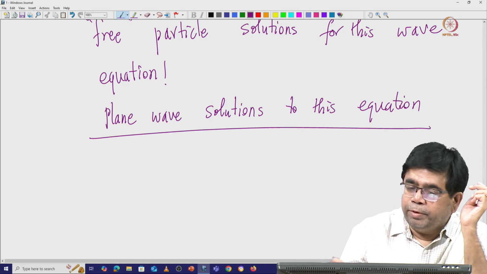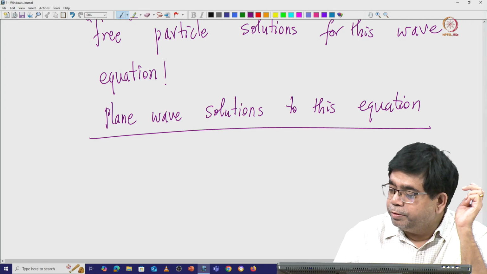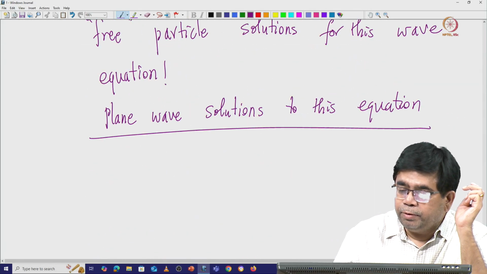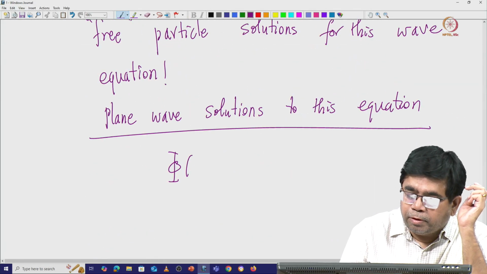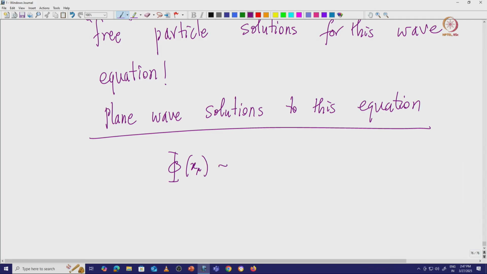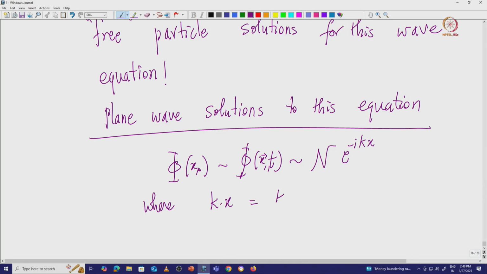So you would expect phi, which we introduced now, phi of x mu, or equivalently phi of x bar and t, to have solutions proportional to e power minus i k dot x, where k dot x is equal to k mu x mu, which is equal to k 0 x 0 minus k bar dot x bar.